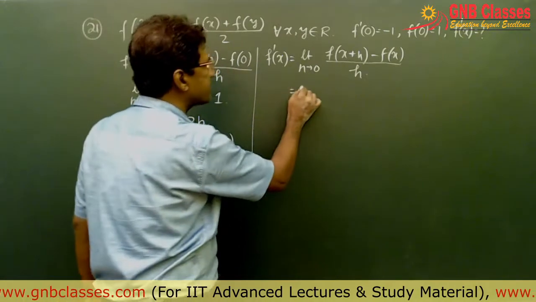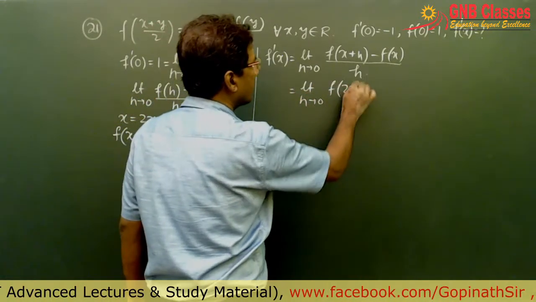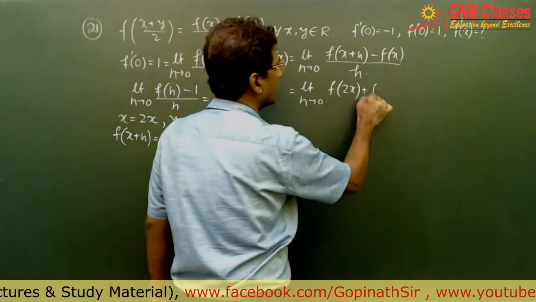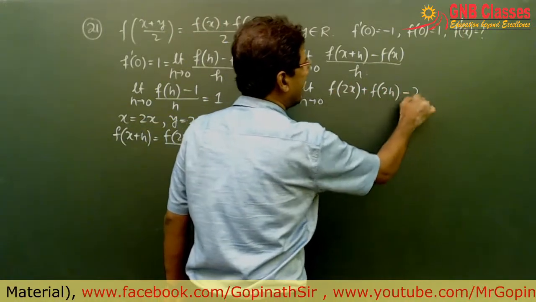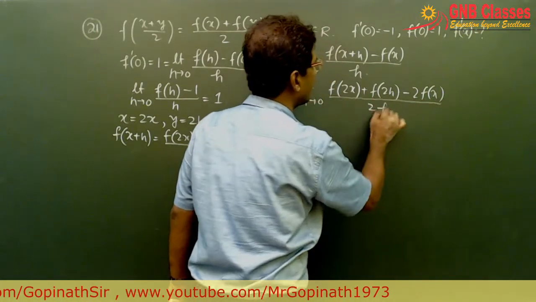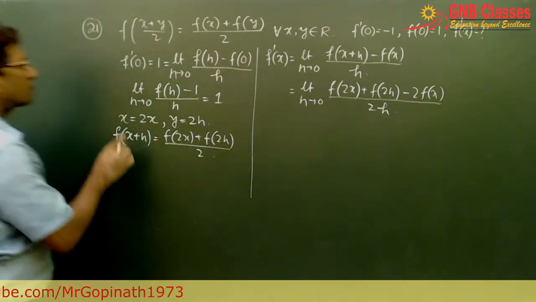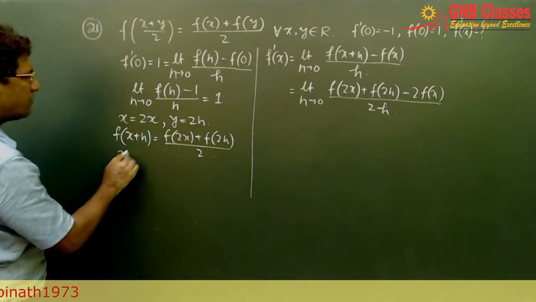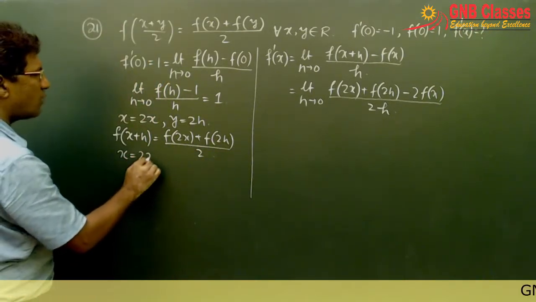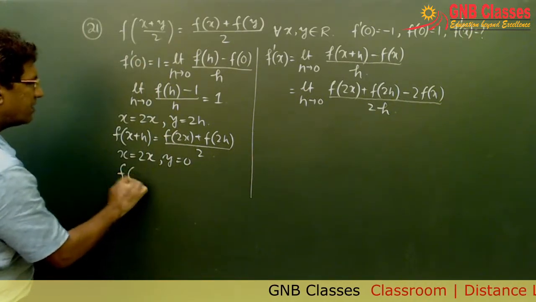So let me just replace this. And after taking LCM, we are going to get something like this. Is it clear to all of you? Now, again in the functional equation, we put x as 2x and y as 0. So what are we going to get here?